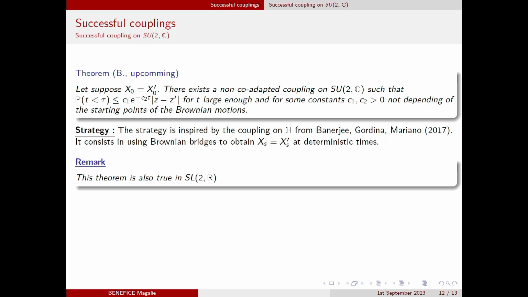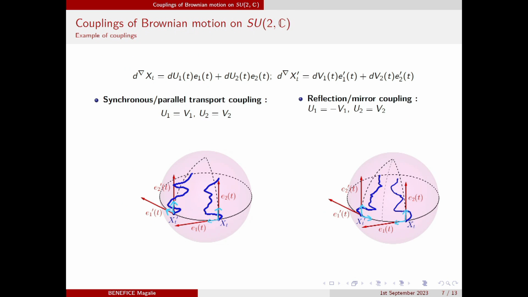But using the coupling I get here, this one was successful on S2. So what I will do is use this reflection coupling to make the Brownian motions starting from different points on the sphere meet in an almost surely finite time, with a coupling rate that is exponentially decreasing.